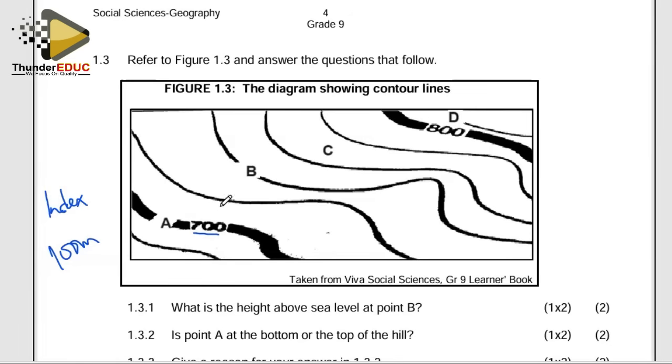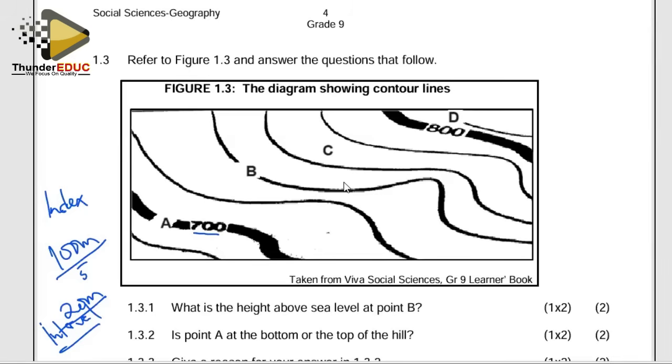To get to 800, there are 1, 2, 3, 4, and 5. So if we divide 100 by 5, we get 20. So it gives us the clue that the interval is 20 meters. So this is a topographic map. You understand? This is a topographic map because we have figured out the interval is 20.